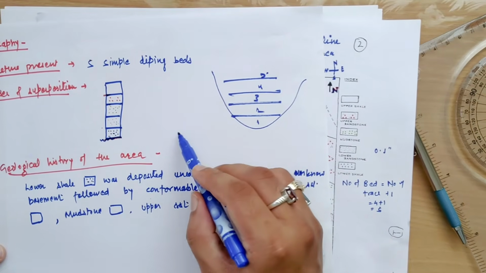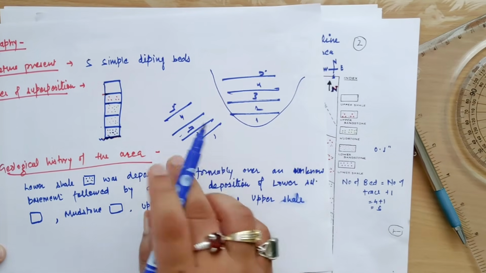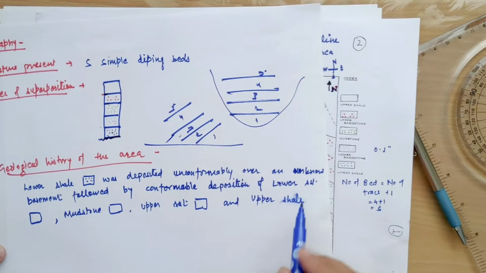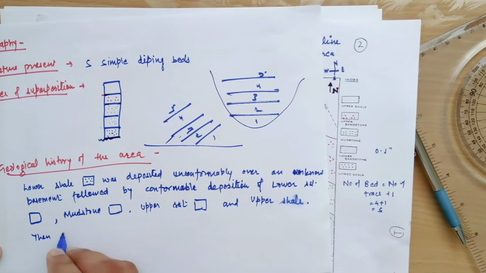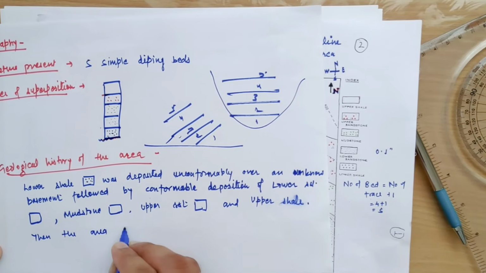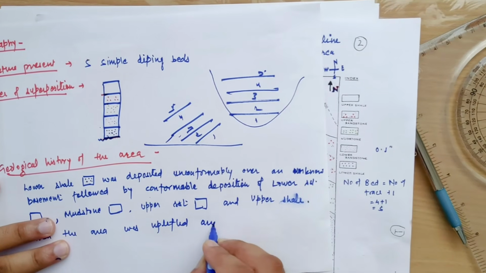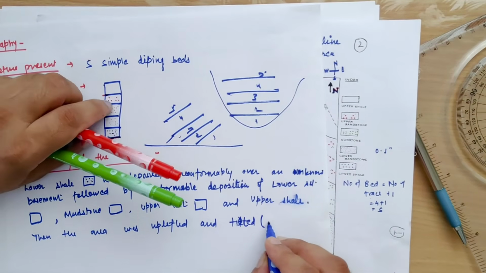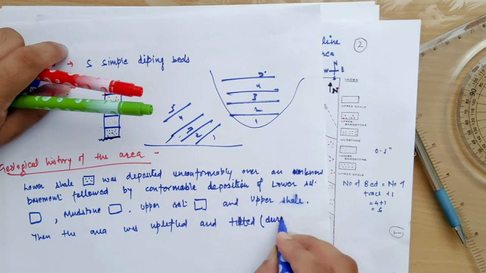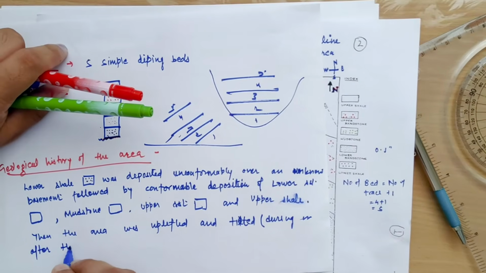But because we are getting a sequence like this, 1, 2, 3, 4 and 5, we will have to interpret how it has been tilted. So this was deposited conformably, and this was followed by the area being uplifted and tilted. So tilting has taken place during or after the upliftment.